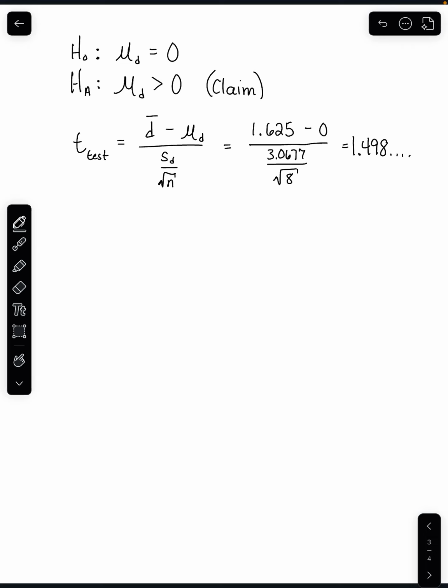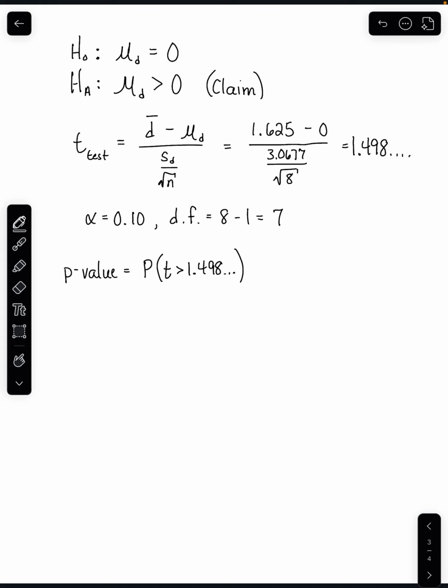Once again, we can use either the p-value or the critical value method. In this case, our alpha was 0.10, and our degrees of freedom is 1 less than the sample size. So our p-value is going to be the probability of having a t-score that is more extreme, further to the right, than the 1.498 test statistic that we have.